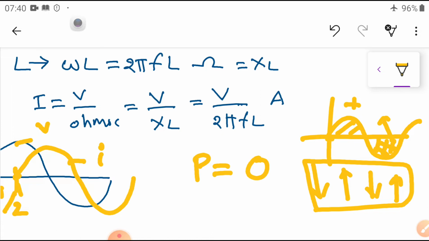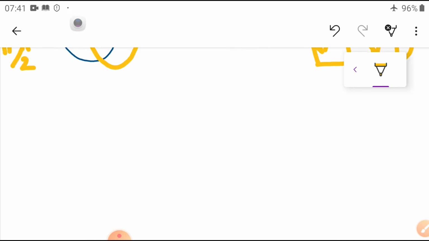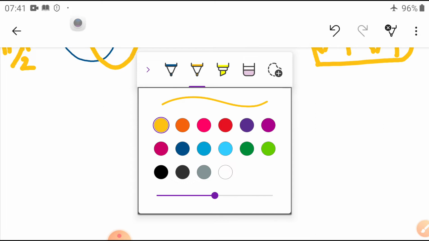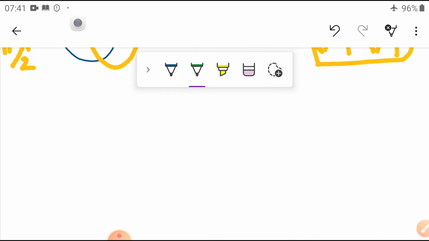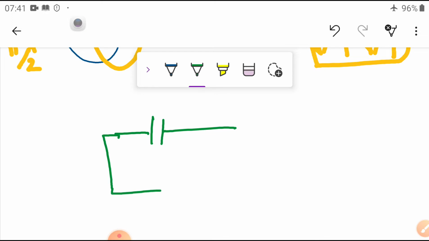Okay. Now, coming to another important element, the capacitance. Okay. So, what will happen if the capacitor is connected across our supply?